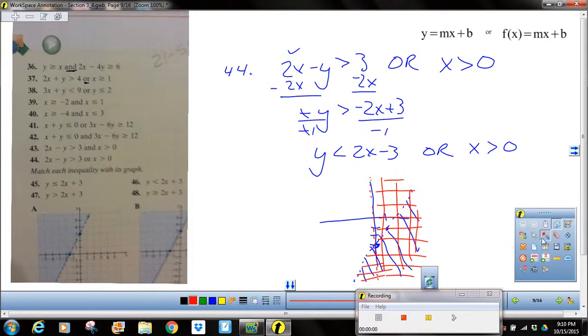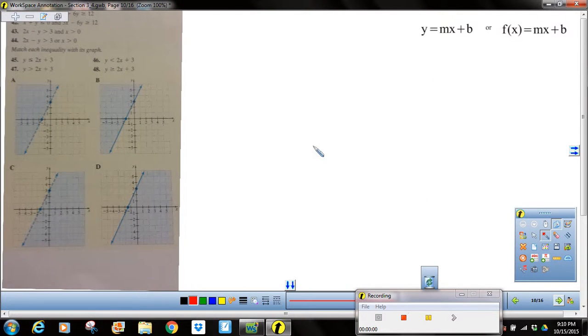Number 46. It asks you to match a graph with this inequality. And yeah, this is a better view of it. Number 46 says y is less than 2x plus 3. It's already in slope-intercept form, thank God. Y-intercept is 3.